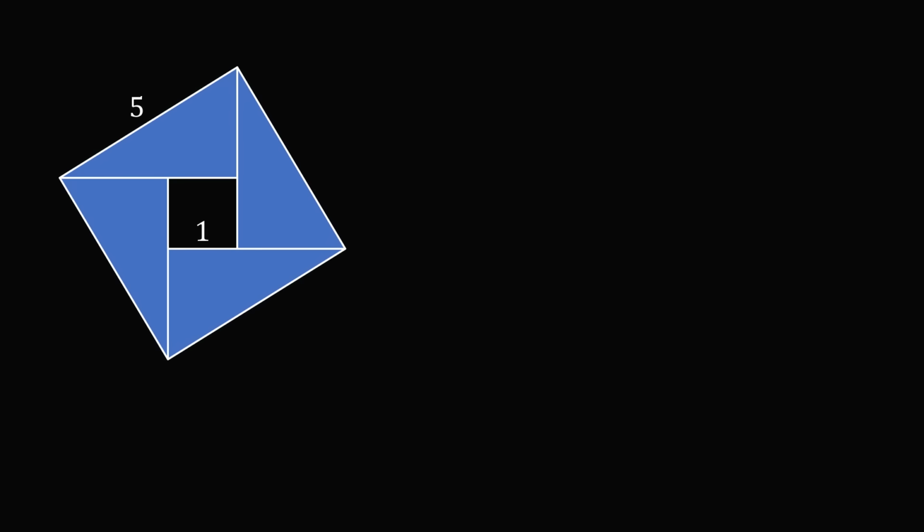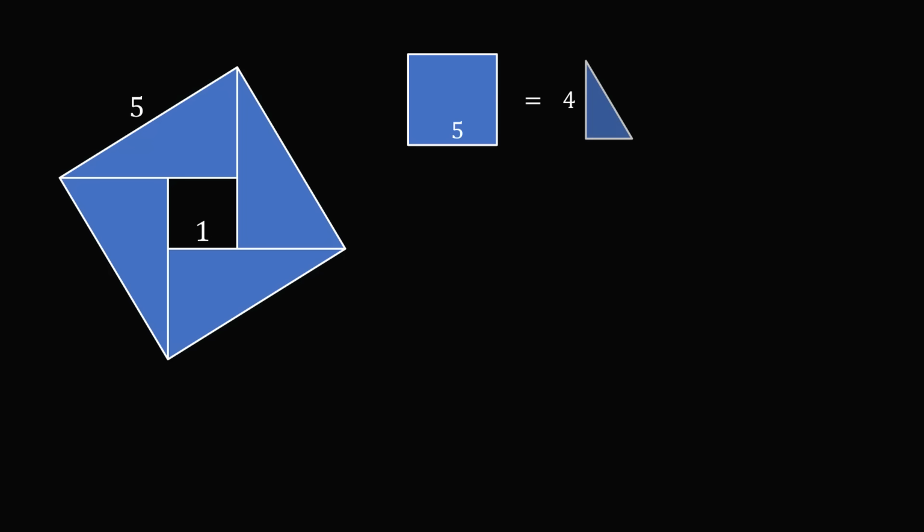Well, the area of this entire shape is that of a square with a side length equal to 5. But we can also calculate this area as the sum of the areas inside. The areas inside are 4 of these right triangles plus one square with a side length equal to 1. So the area of the square is equal to 5 squared.